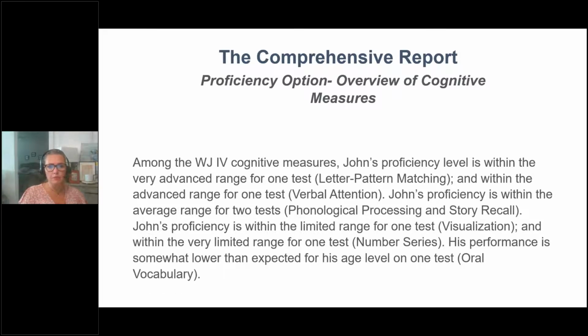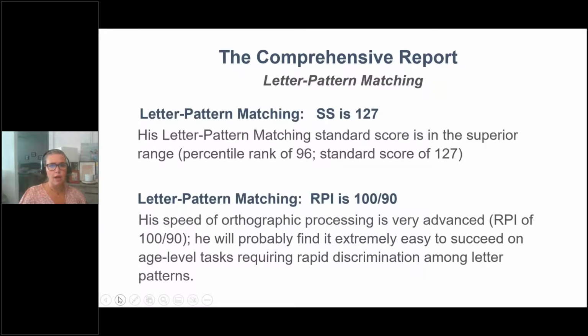Among the WJ4 cognitive measures, John's proficiency level is within the very advanced range for one test, letter pattern matching, and within the advanced range for one test, verbal attention. John's proficiency is within the average range on two tests, and then they go through and talk about the limited range, etc.